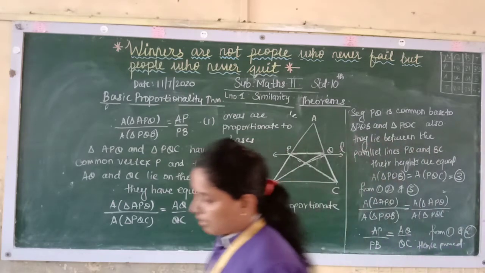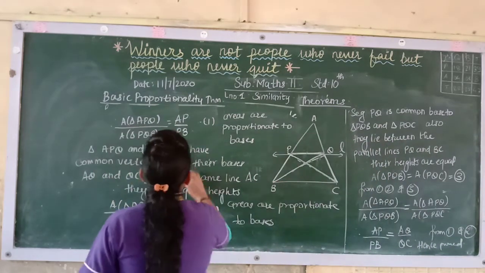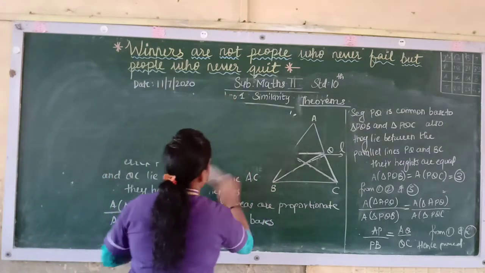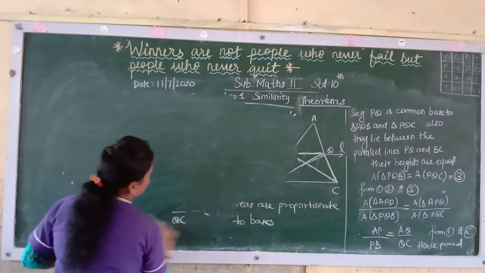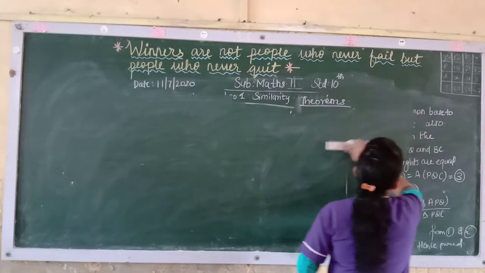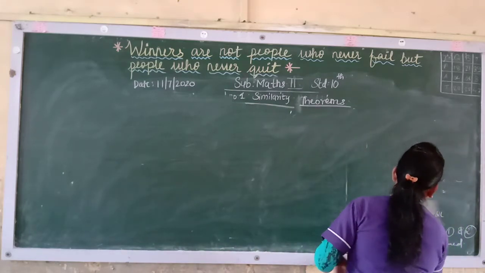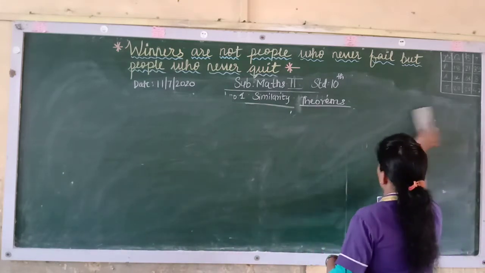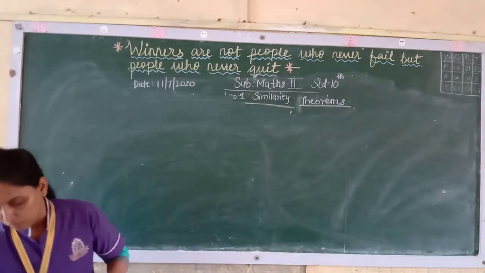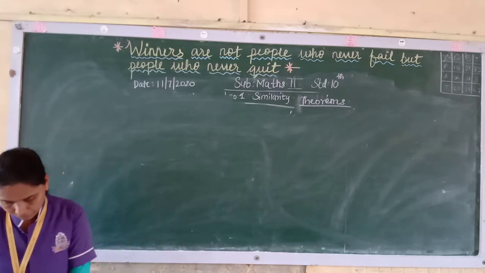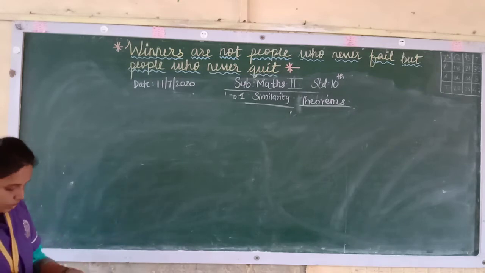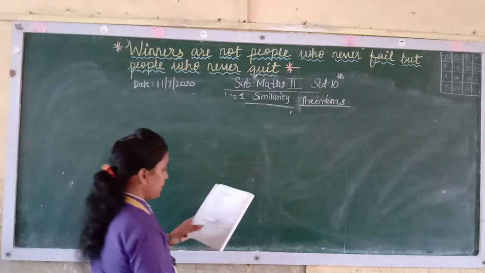Now next we will take the property of angle bisector of a triangle.